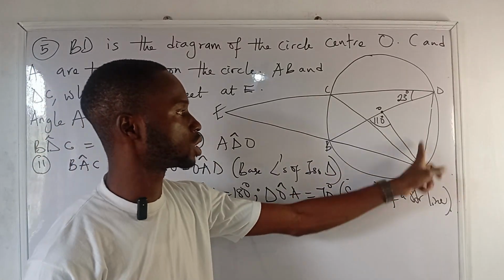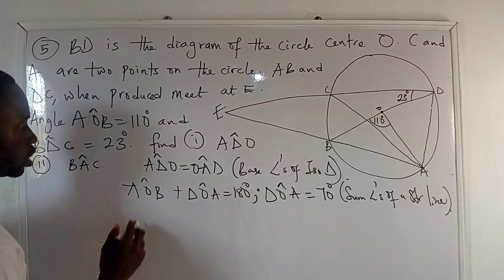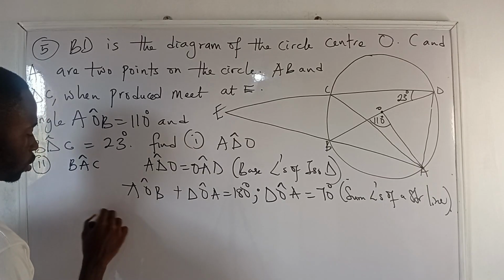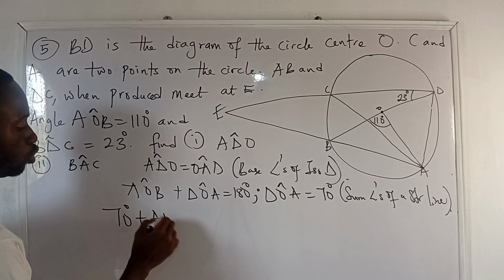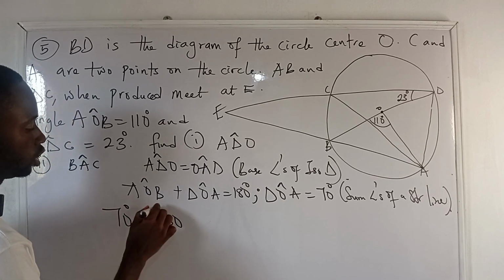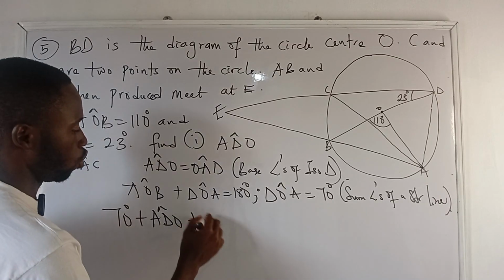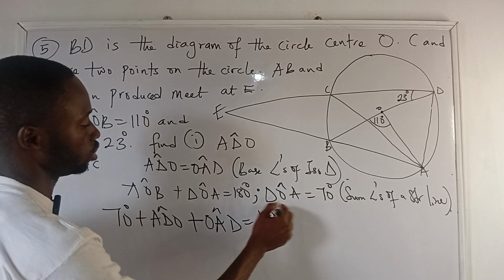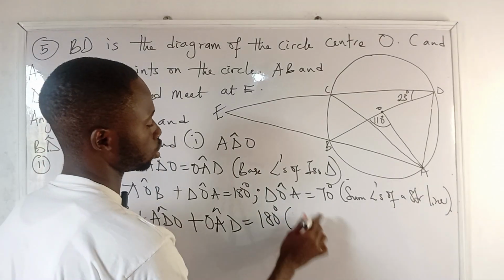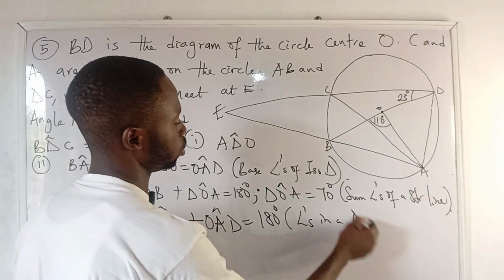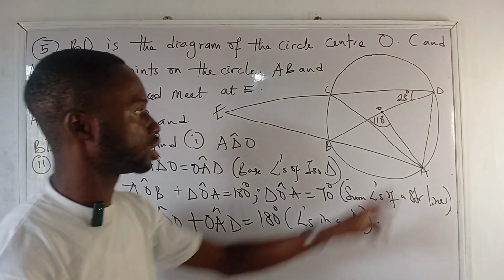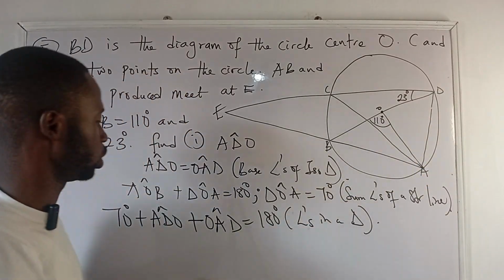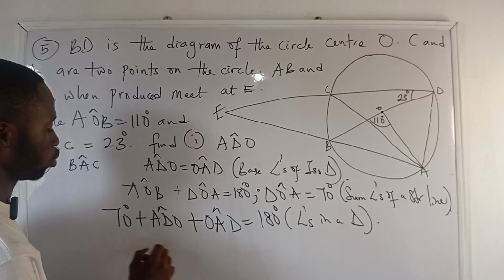Then we can add 70 plus x. Since they are both the same, we can say that 70 degrees plus ADO plus OAD equals 180 degrees, angles in a triangle. What we mean is this plus this plus this gives us 180. Since they are both the same, we can make them x.